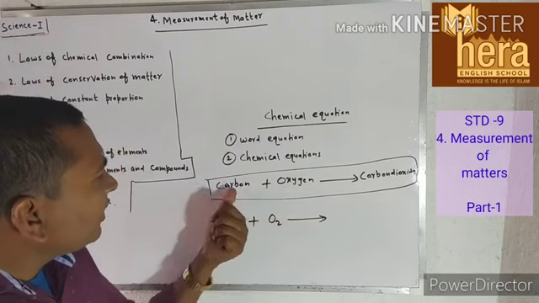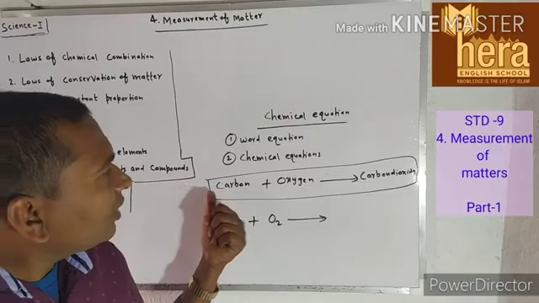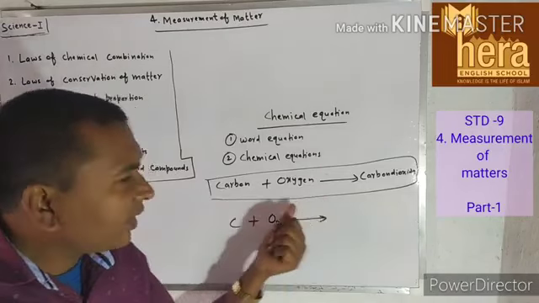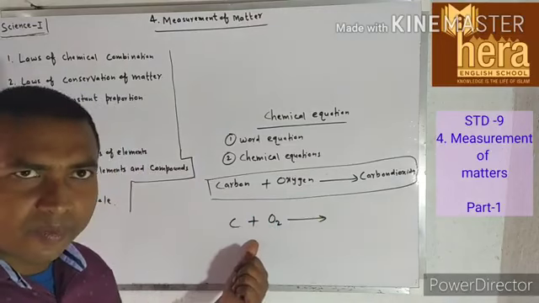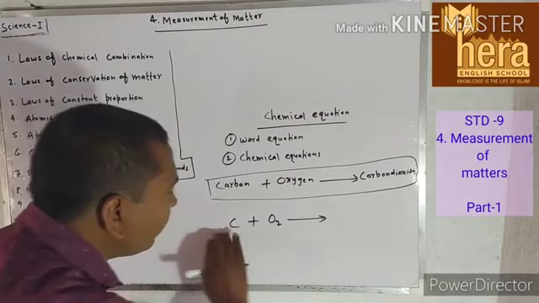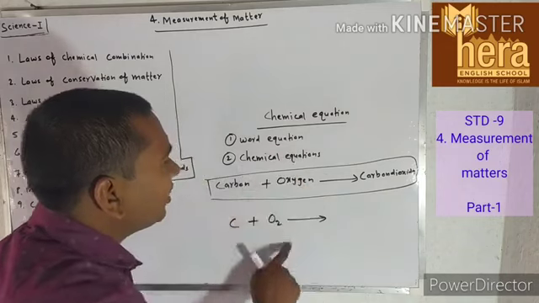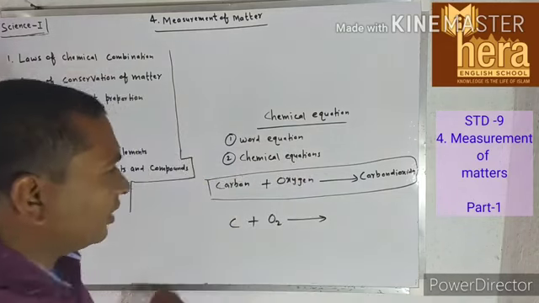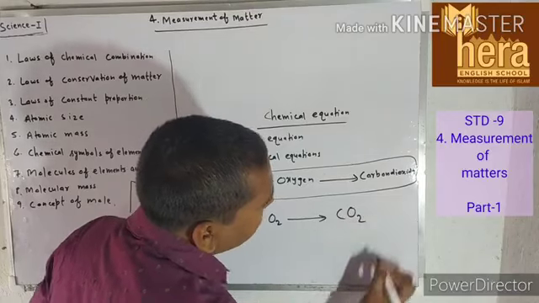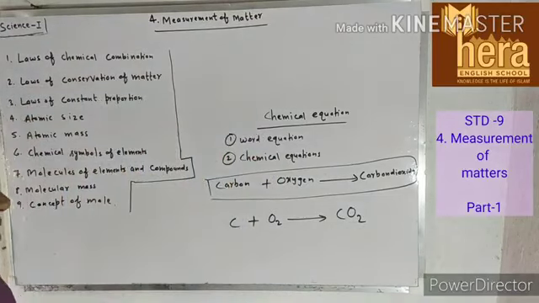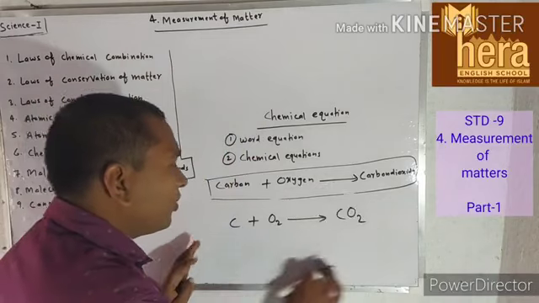So what is the difference between these two? Here the equation is written in words, but here the equation is written in the form of symbols or chemical formulae. So this will be called chemical equation and this will be called word equation. Carbon dioxide, that is CO2. So this is a chemical equation.